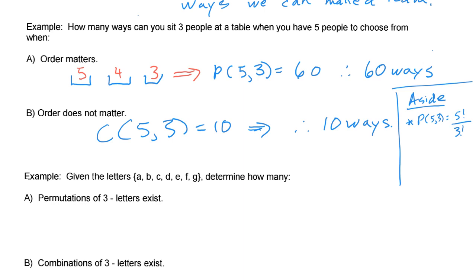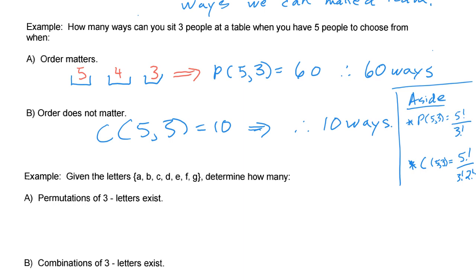That is what the permutation is. But when you do the combination of 5 and 3, it's going to be 5 factorial over, well, it's still 3 factorial, but then we also have to divide out the other arrangements.